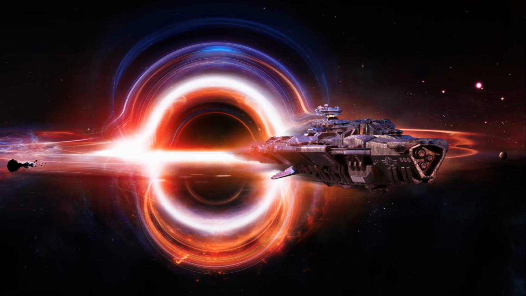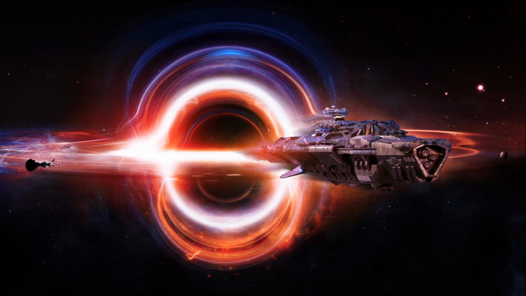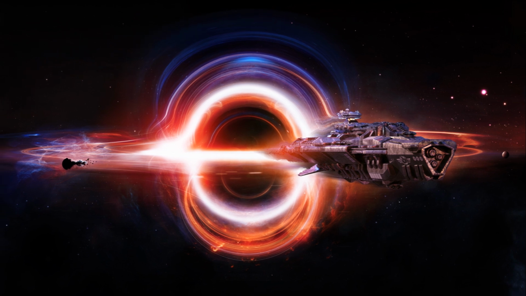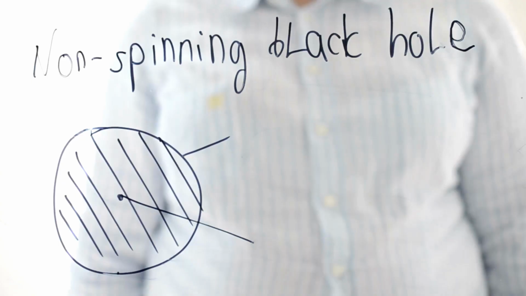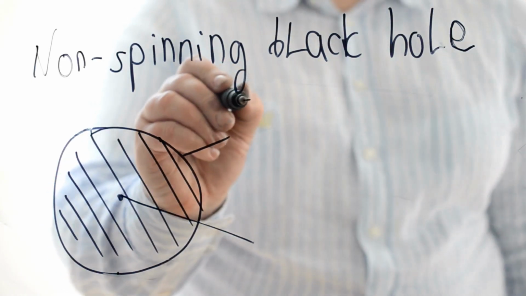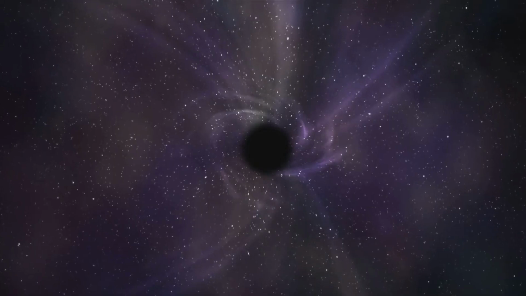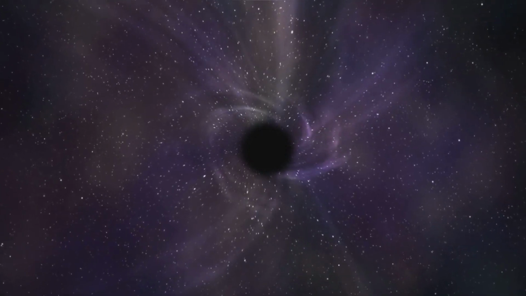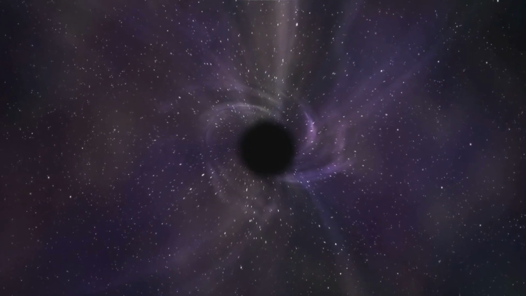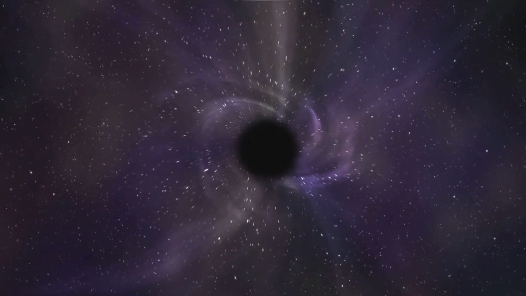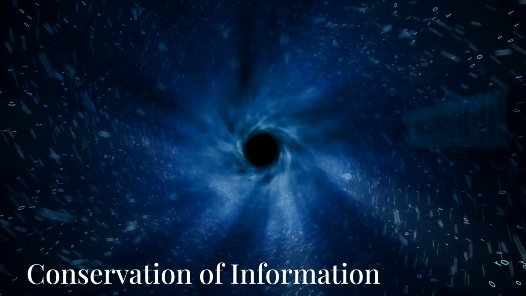So, while matter can change forms and even be annihilated, the information that describes it must always be preserved. This is why physicists are so concerned about the black hole information paradox. If information is truly lost in black holes, it would violate one of the most fundamental principles of quantum mechanics, with far-reaching implications for our understanding of the universe.